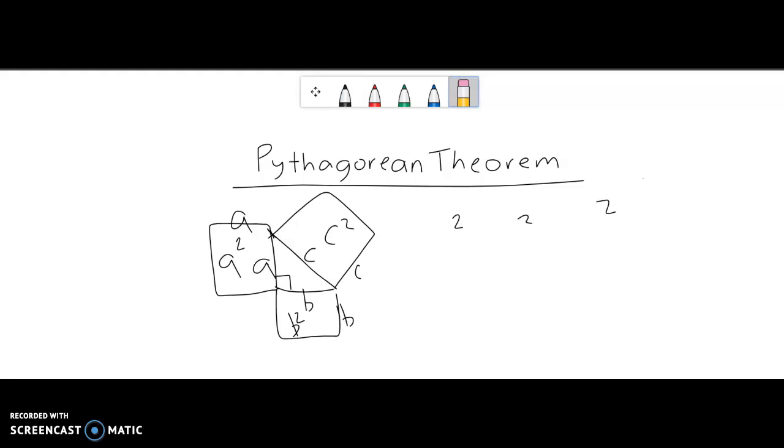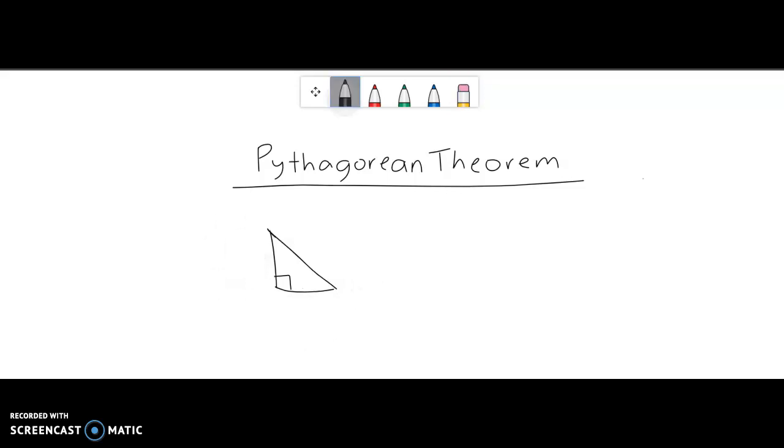And let's do an actual problem to try that out so you can see it for yourself. Let's say that this is a 3, this is a 4, and this is a 5. And you're going to make a square that has 3's on the side, a square that has 4s on the side, and, excuse my artistic ability, a square that has 5s on the side. This square, 3 times 3 is 9 for its area.